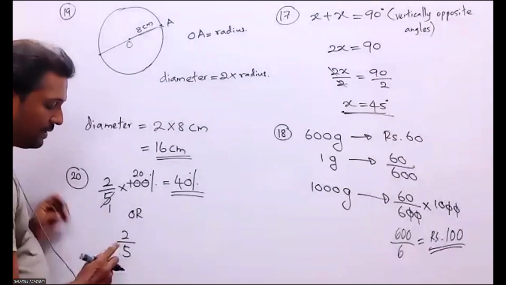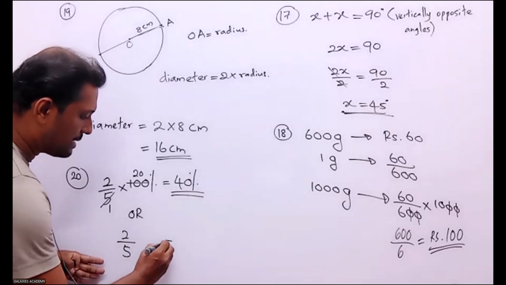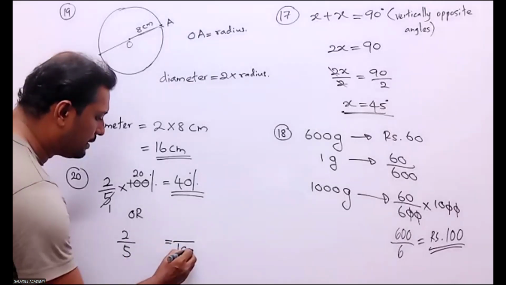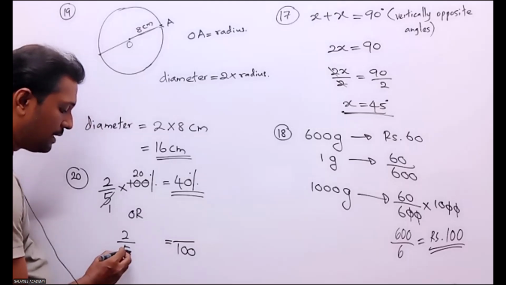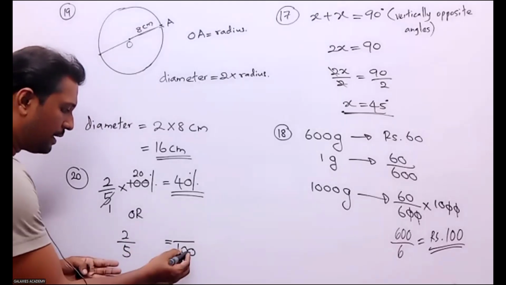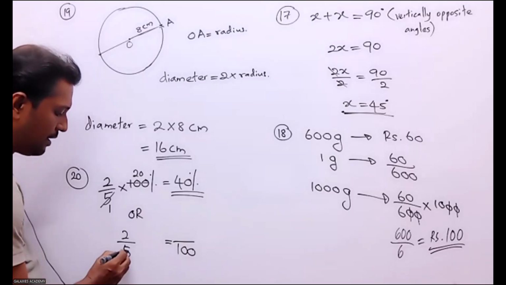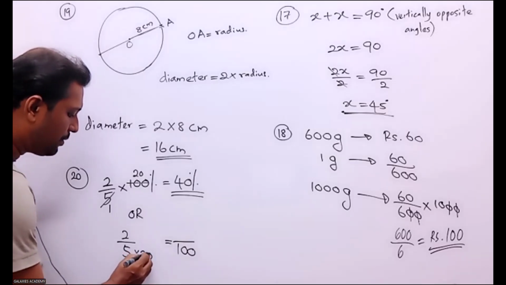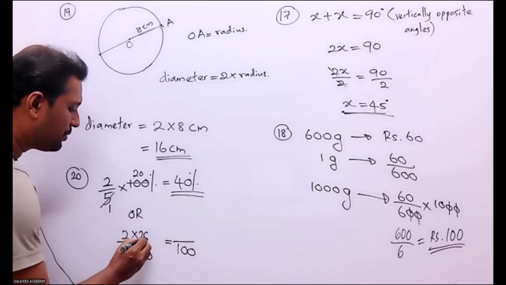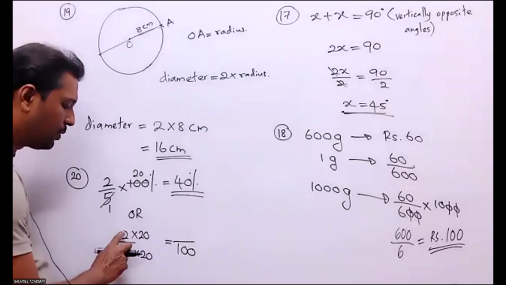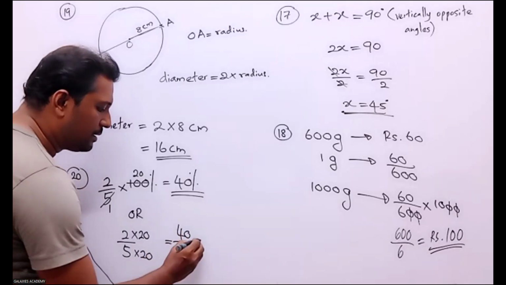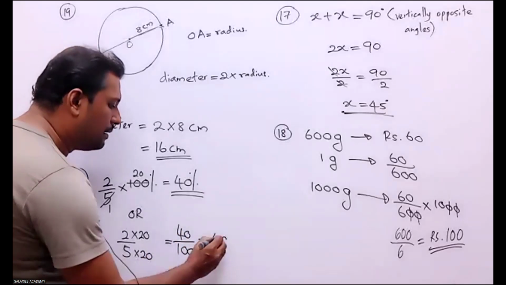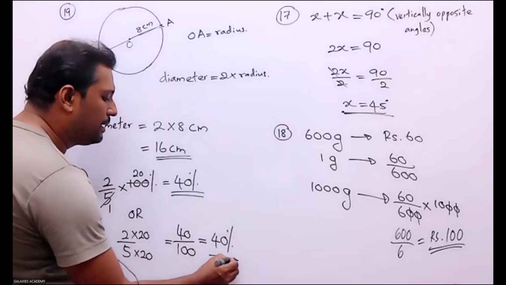I will write the equivalent fraction with the denominator 100. The denominator 5 you have to multiply by 20, and also the numerator by 20. That means 2 times 20, 40. 40 out of 100 means the percentage is 40%.